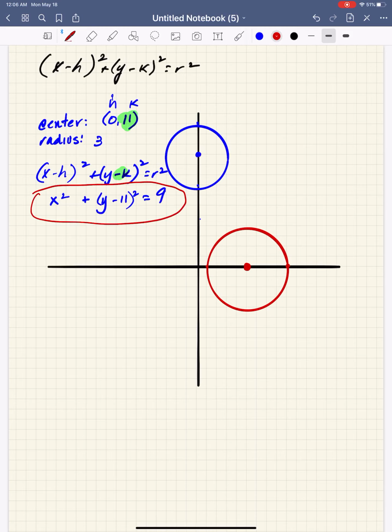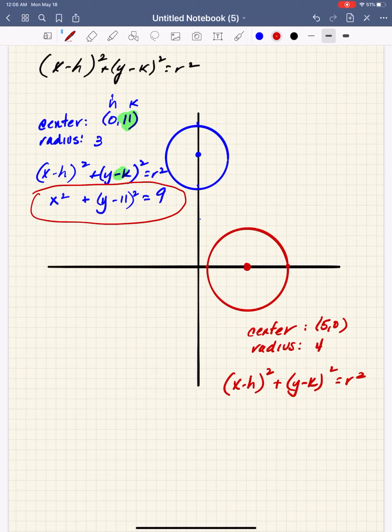As far as the red circle, the center, the radius. The center is at 1, 2, 3, 4, 5, 0. And the radius is 4. And so I'm just going to write my equation. I write it every single time that I'm going to use it.